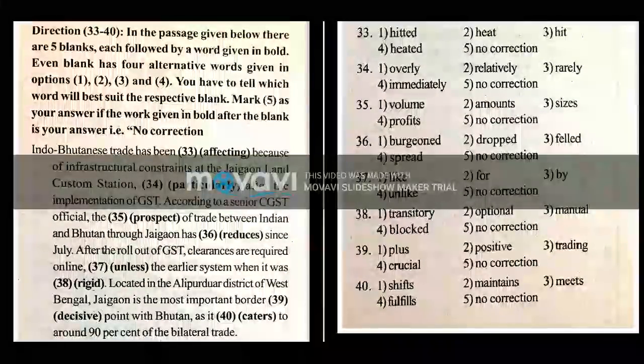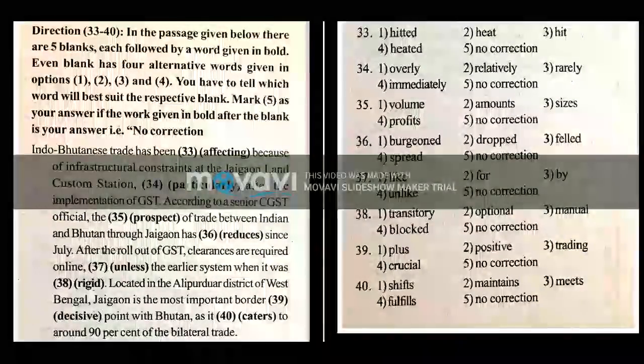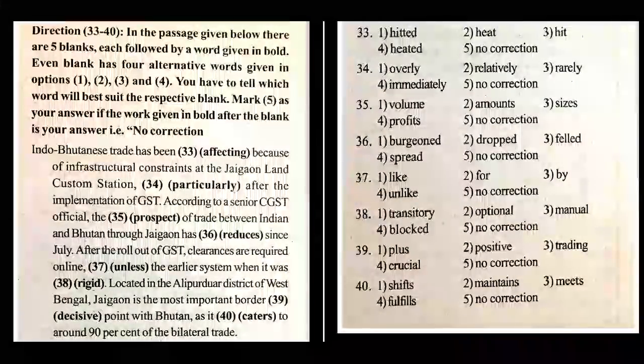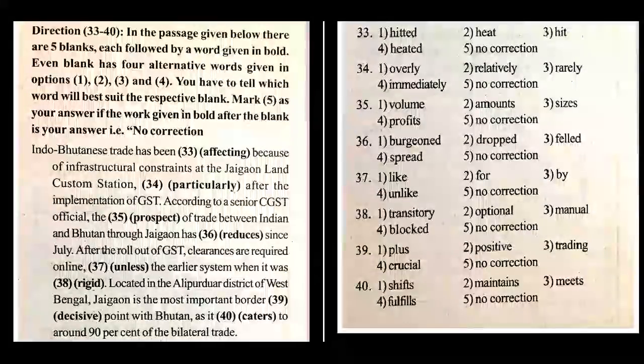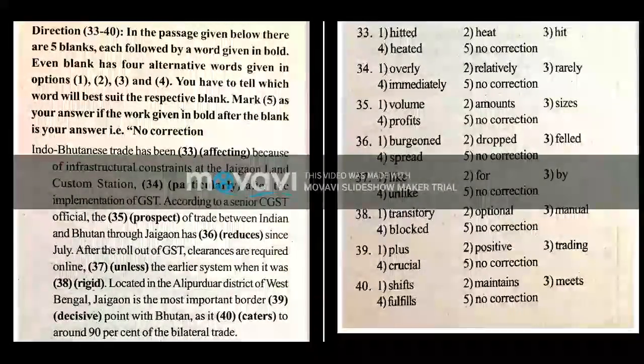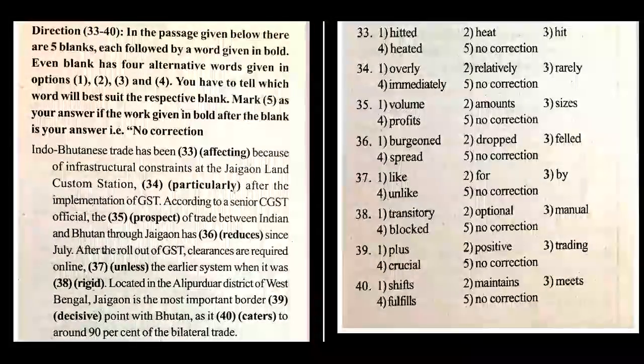A noun phrase is nothing but a phrase where there will always be a noun and a few more words, right? And since constraints is there, we can say that we need a passive structure, which means Indo-Bhutanese trade has been affected or severely hampered.